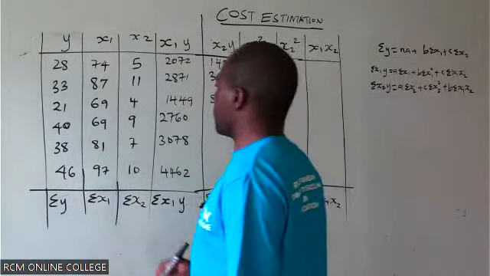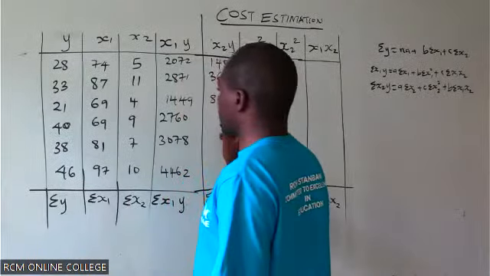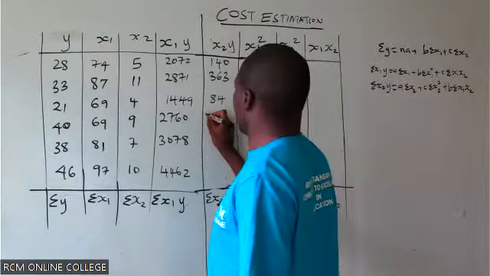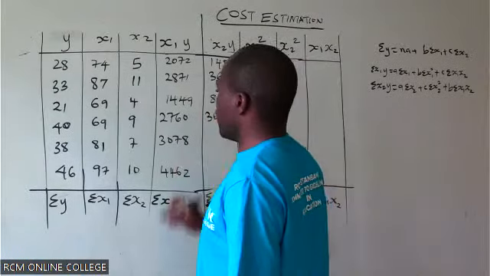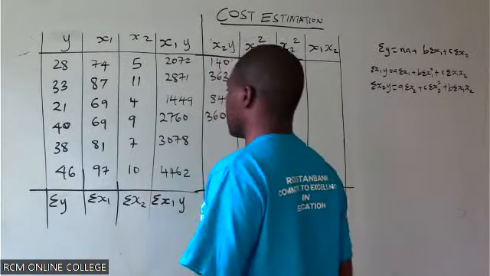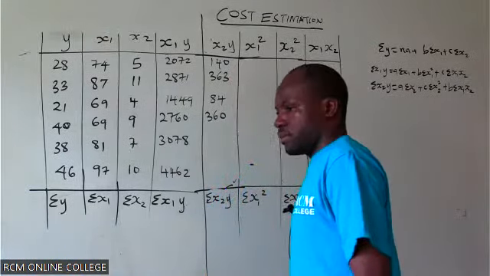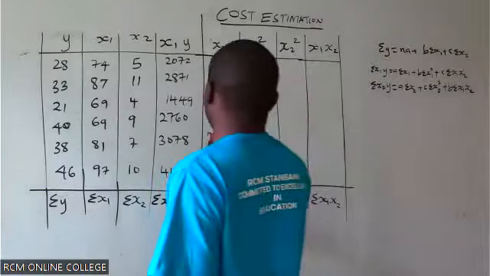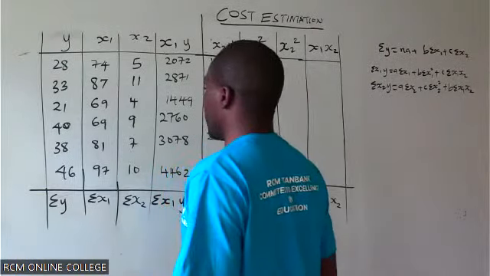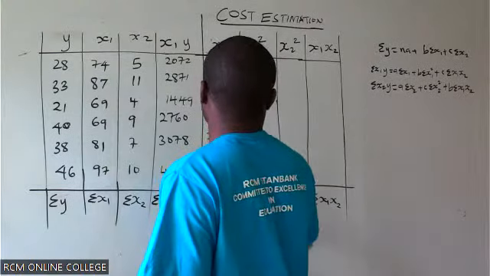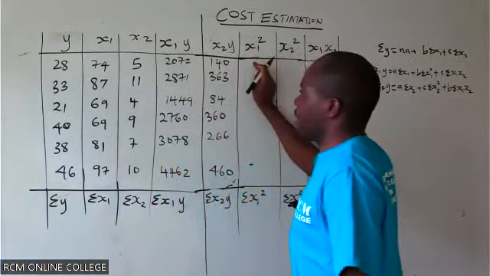Then we have 40 by 9. Is it 360? Then we have 38 by 7. 266. Then we have 46 by 10. That is 460.